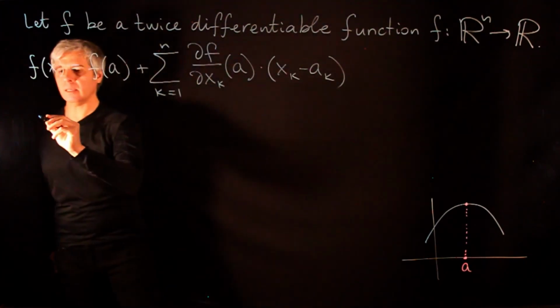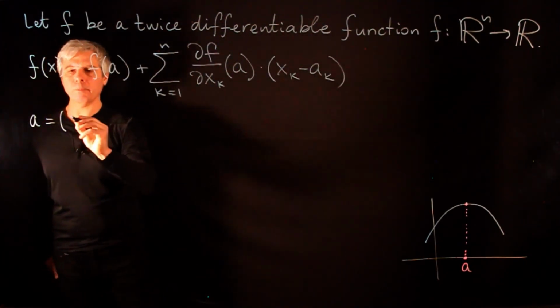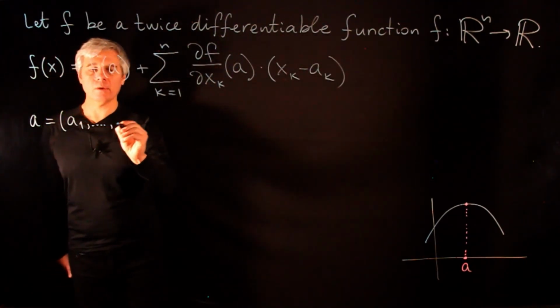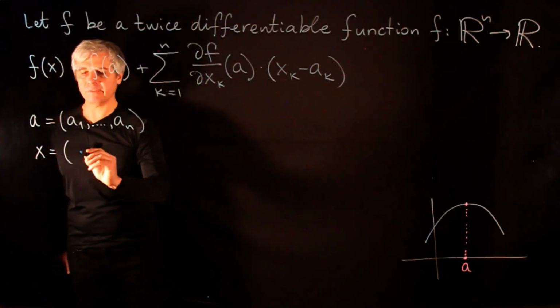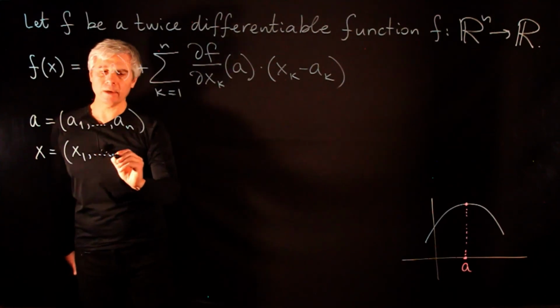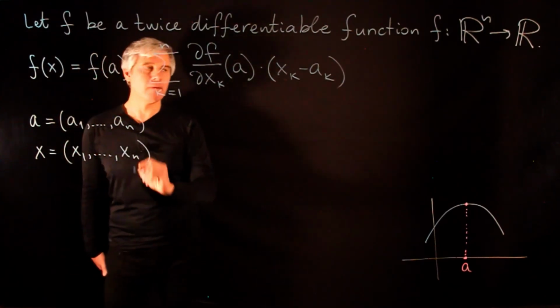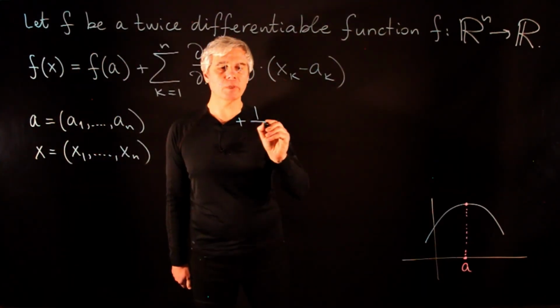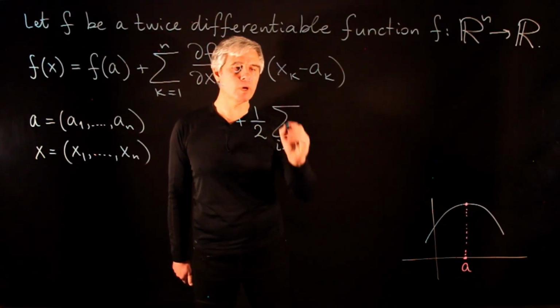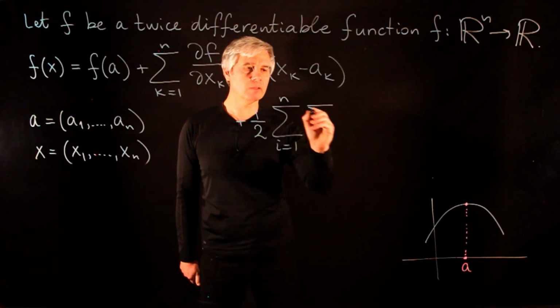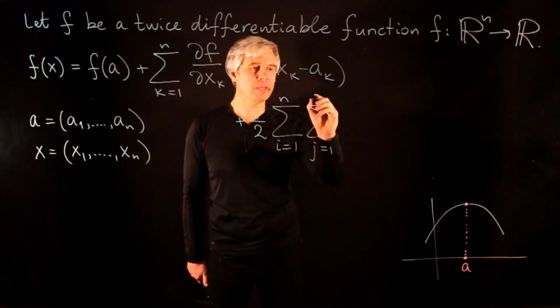So where a here is the point a1 through an, and x is a multivariable notation x1 through xn, plus the quadratic part, which is 1/2 sum i goes from 1 to n, and j goes from 1 to n.